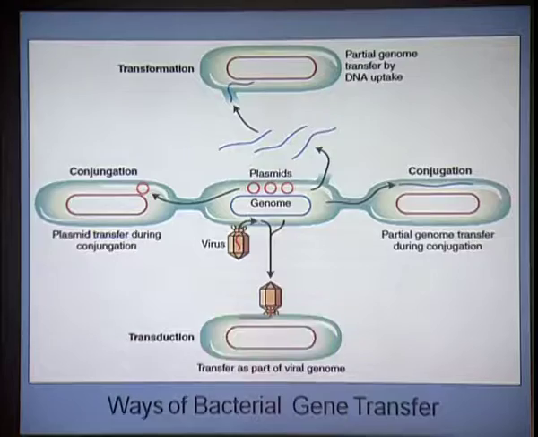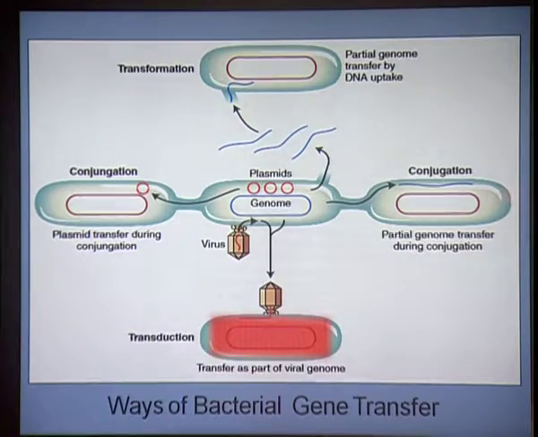The third method of gene transfer in bacteria is transduction. Herein, bacteriophages that infect the bacterial cells rupture the bacterial genome, and while they come out after lysis of their host cells, sometimes instead of packaging their own genomes, they package the bacterial DNA into their phage heads.